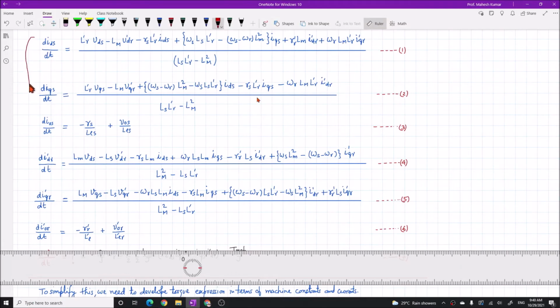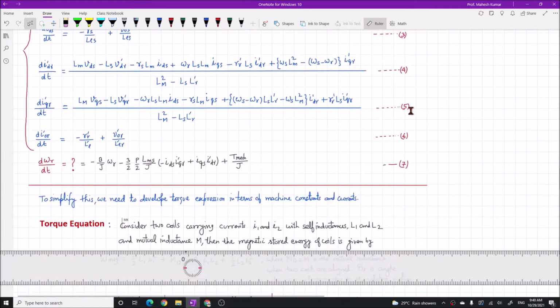Now the 7th equation is the derivative term of the rotor speed, that is d omega r by dt, and with this 7th equation we have the complete state space model of the generator of this wind turbine system.